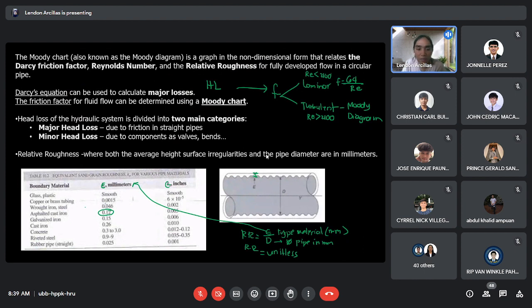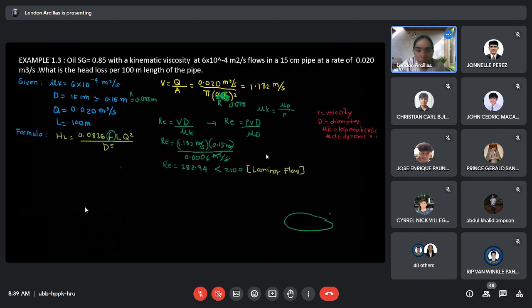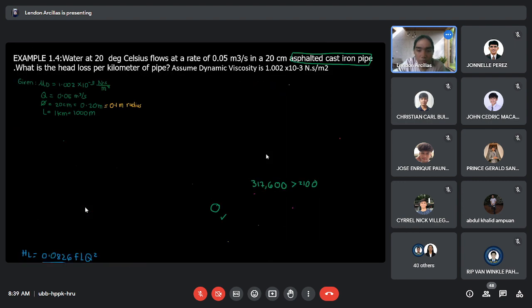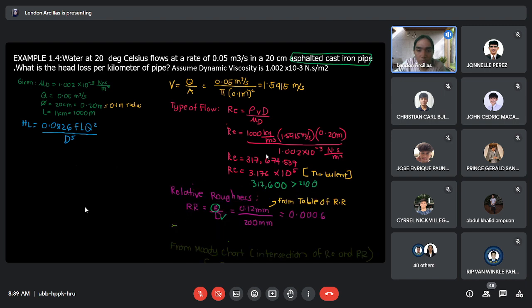This will be given to you in an exam. Okay, so 0.12 in millimeters. Then divide it by the diameter in millimeters, which is 200 millimeters. You'll get a relative roughness of 0.006.